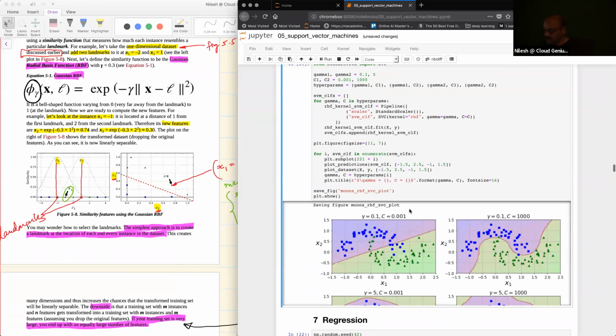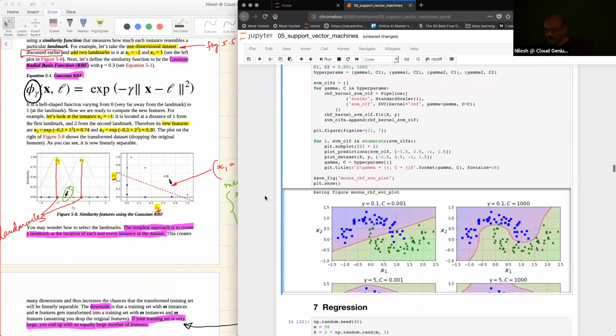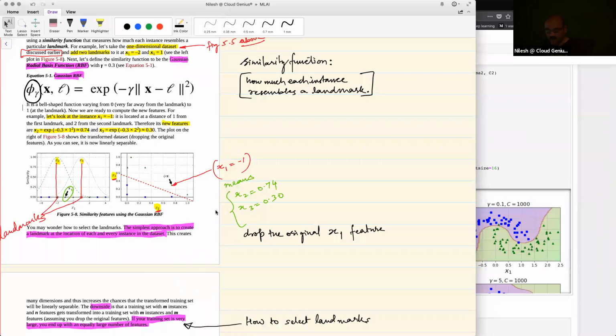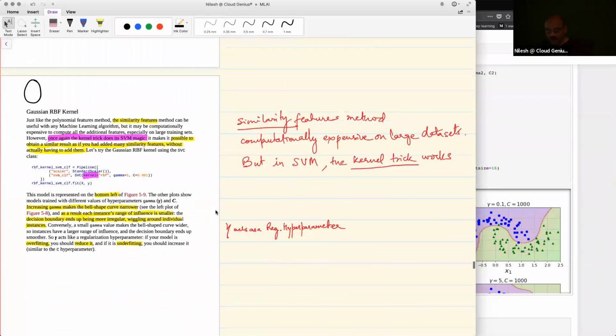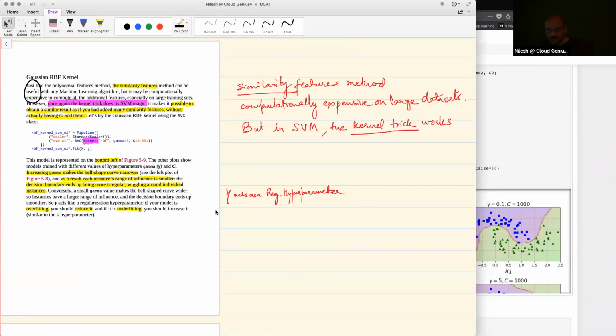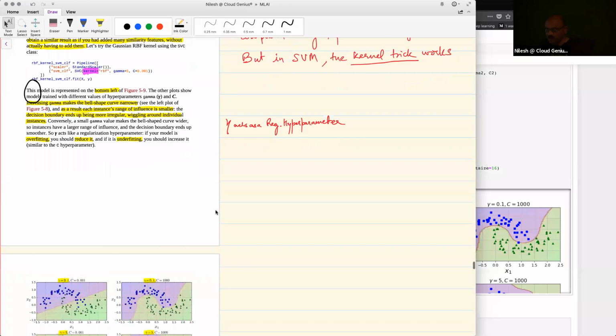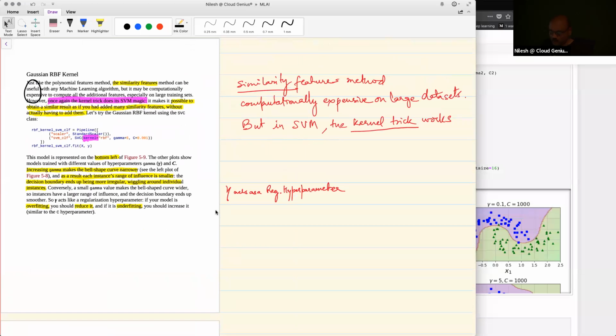This will help us understand what is called regularization. You will see the same set of pictures in the book also, which will help us understand how this gamma acts as a regularization hyperparameter.